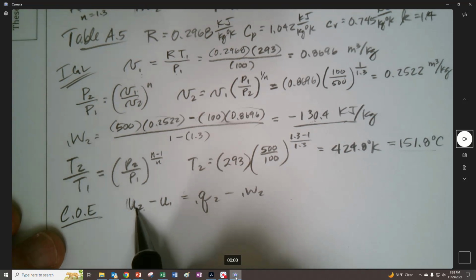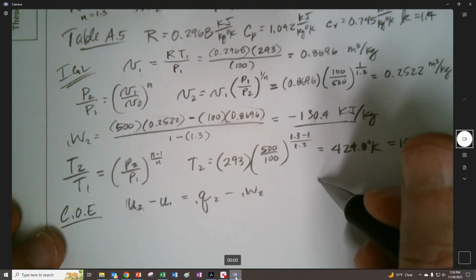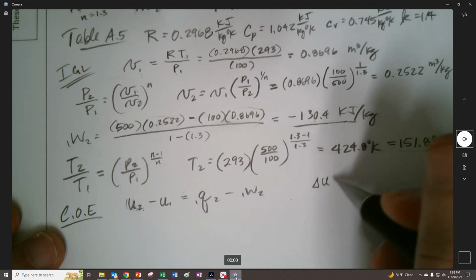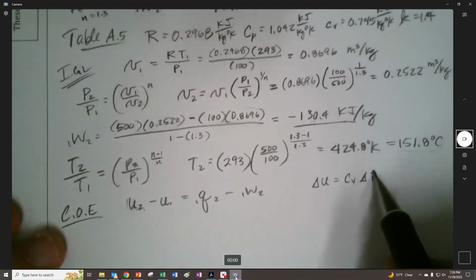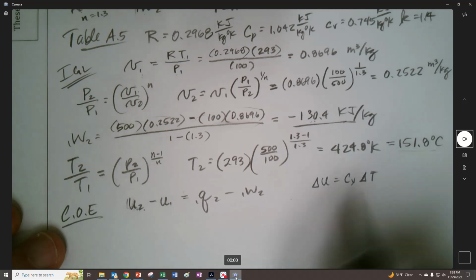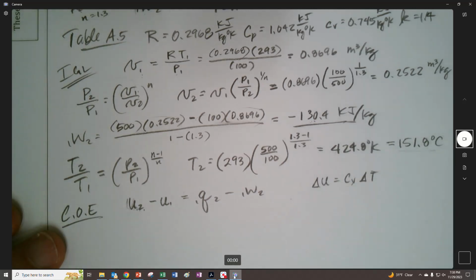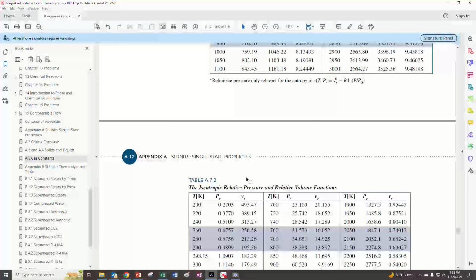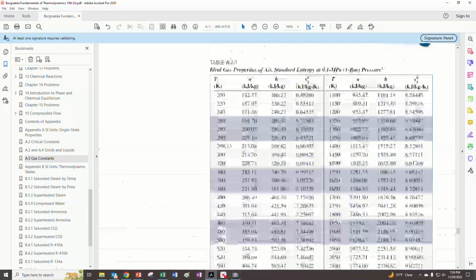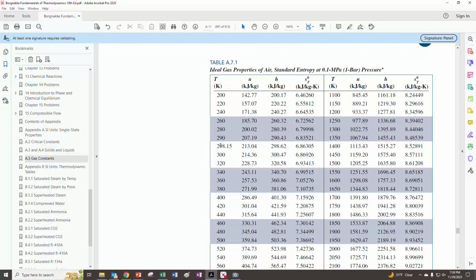We can use constant specific heat, which is going to be like delta u is going to be Cv delta T, right? And that assumes constant specific heat. Or we can look up this u in this table right here, A7, A7.1, yeah, right here.